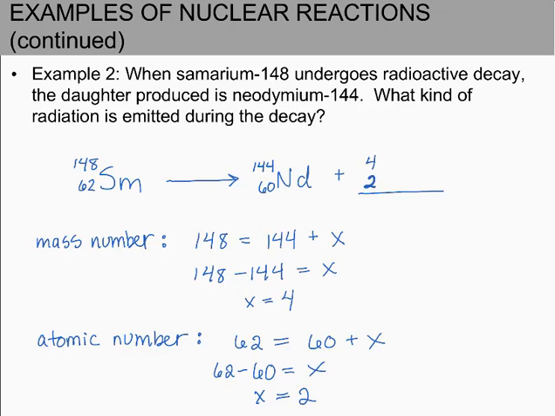So this particle has mass, so we can already eliminate electrons and beta particles, as well as gamma emission, because remember, gamma rays don't have mass, they're just energy. So this would probably be an alpha particle, or we could also write helium there. Okay, so this goes through alpha decay.